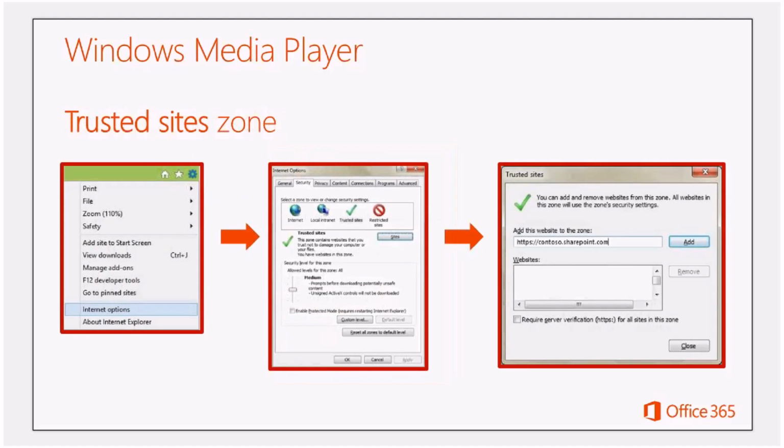And then adding to the Trusted Sites zone in Internet Explorer, that's depending on the version of IE that you're using, you'll go to your Internet options, you'll click onto your Security tab, choose Trusted Sites, and then add that URL to that site into your Trusted Sites zone. And that should allow you then to play those MOVs or MP4 video files.